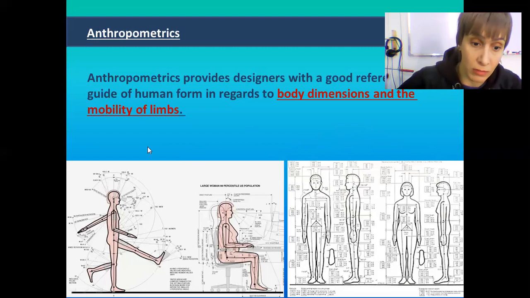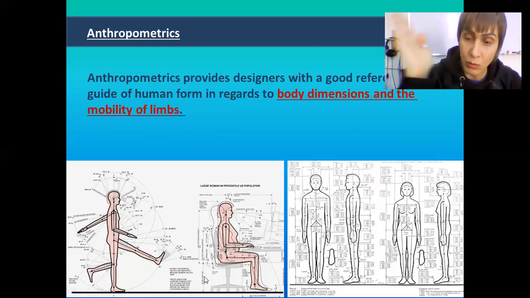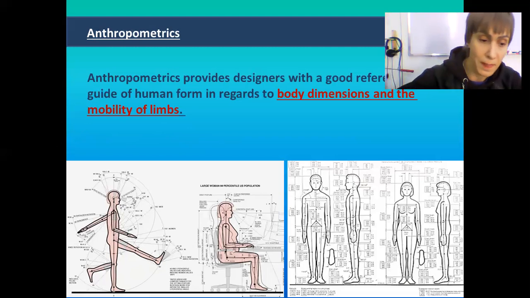And here, as I said, in anthropometric data in ergonomics, you can find also information about moving body parts. For example, this leg, how much can you put it up? This foot, for example, what is the maximum degree you can move it at an angle? Okay.